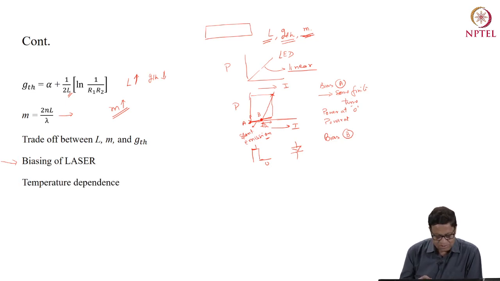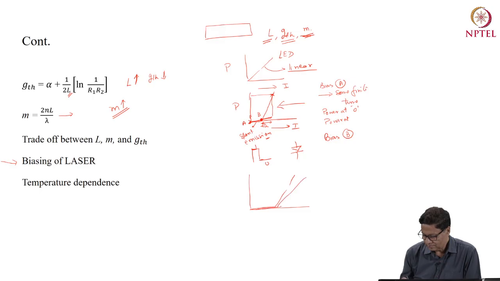And also the characteristic which I have drawn here is a function of temperature. So as temperature increases, for example, this is T1, the middle one is T2, T3, in increasing order.